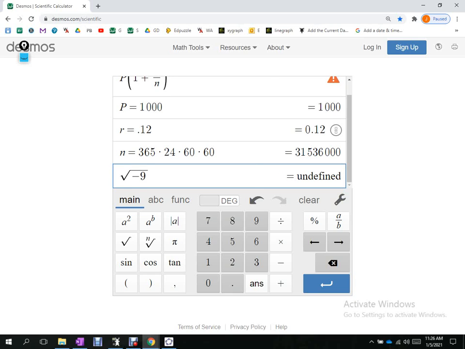It says undefined. You can't do that. You cannot think of 2 numbers that multiply together to give you a negative, because a negative times a negative gives you a positive, and a positive times a positive gives you a positive. So you can't take the square root of a negative.